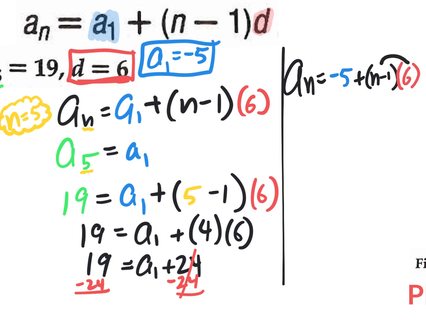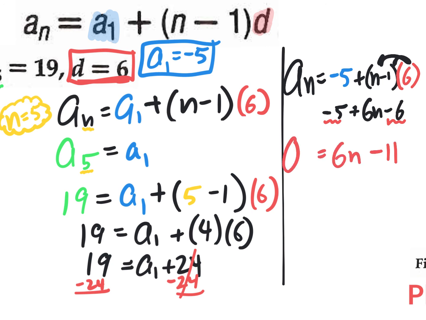Let's distribute. 6n minus 6, bring down the plus negative 5. Combine the first number with the last number. Negative 5 take away 6 is a negative 11. Put the 6n in front, and this is the a sub nth rule. 6n minus 11 is the a sub nth rule.